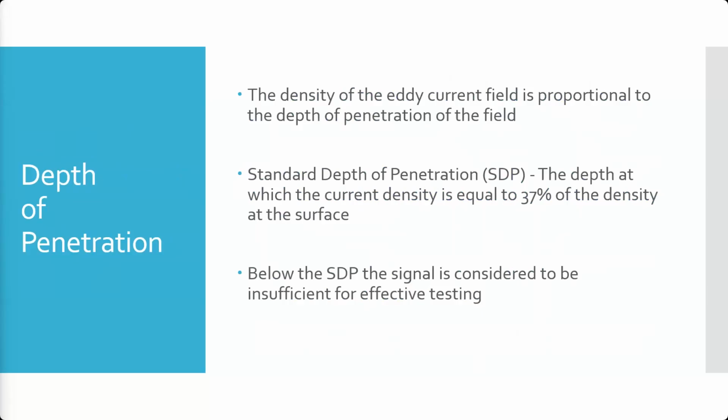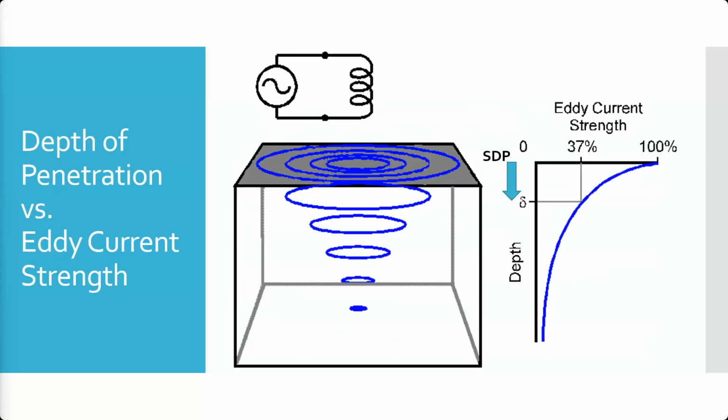Below that, the signal drops off too much and is insufficient for effective testing. That's this area here where the signal strength gets too low. You can kind of see it creates a cone in the material where the eddy currents form.